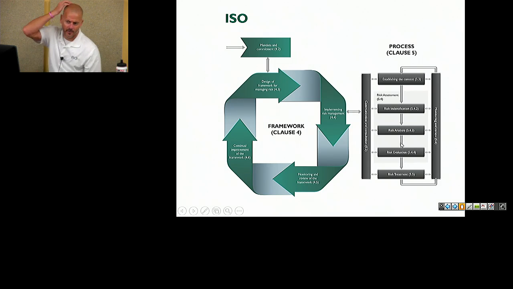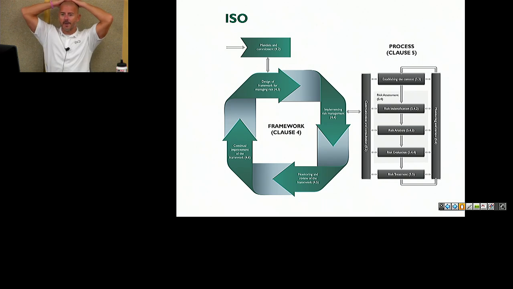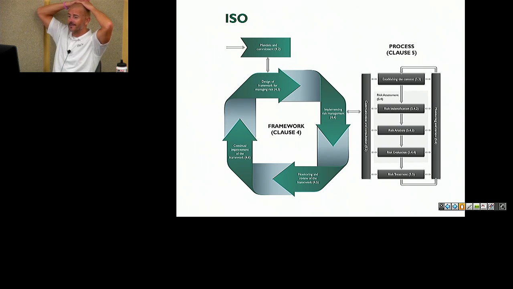So for nonprofit organizations or for private organizations, generally the ISO framework is an easier sell because it's not so specific. It's not challenged as much because the audience doesn't really know what you're doing. You're telling them, I'm going to identify your risks. Okay. But it doesn't go through the process of how you're going to do it. It does in the detail of the documentation, but in the diagram, it's just high level.